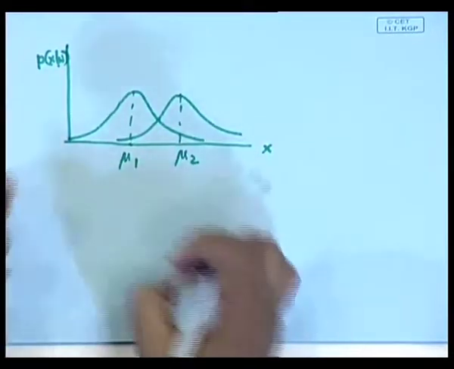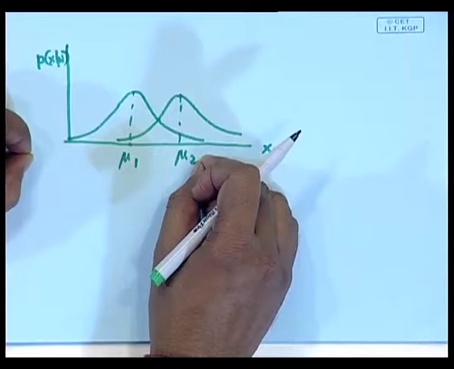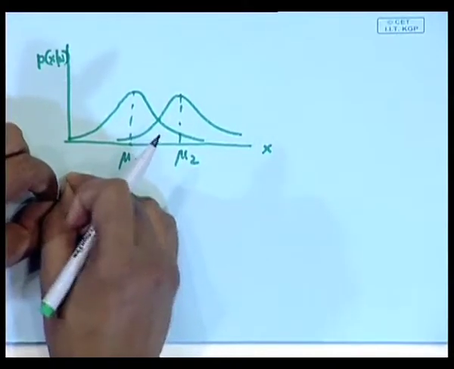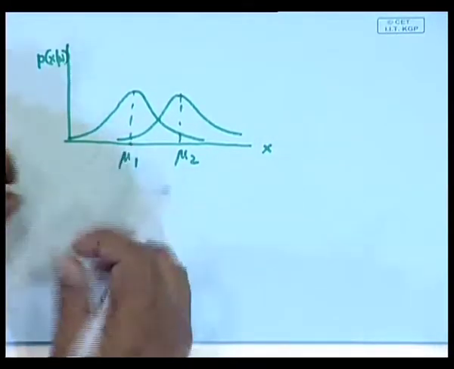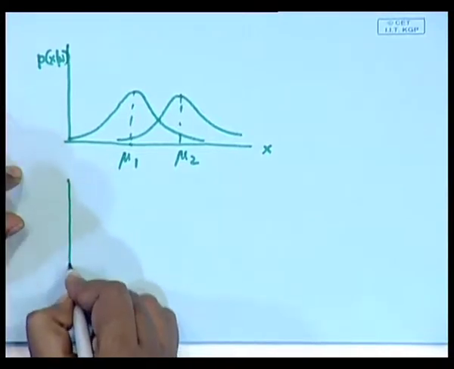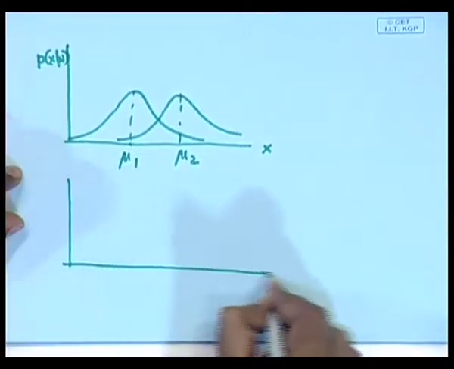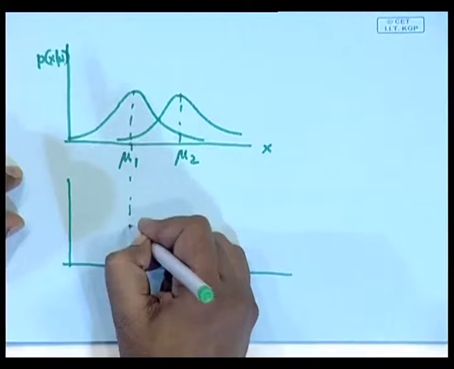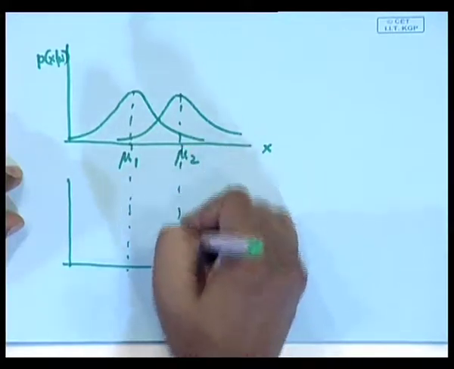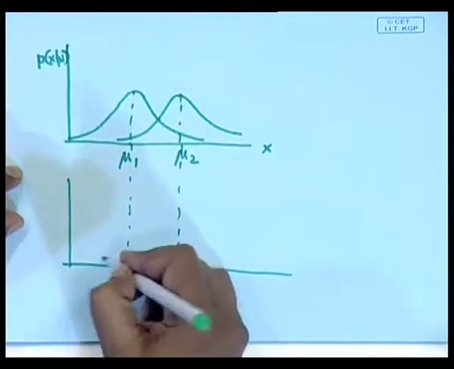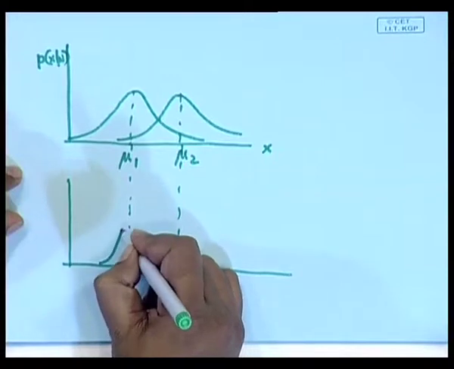We said that if we increase the distance between mu 1 and mu 2, my classification error will be less. At the same time, if I try to reduce the variance of the samples within a class, keeping mu 1 and mu 2 in the same location, so this remains mu 1, this remains mu 2, but now I want to have a distribution something like this.